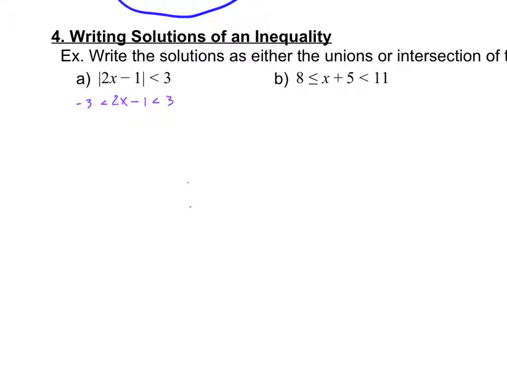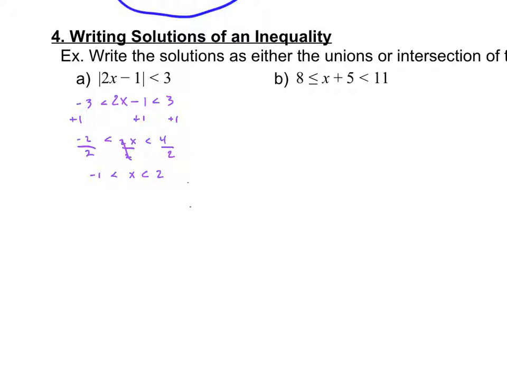And we can solve by adding 1 to all our sides. You're going to have -2 is less than 2x, which is less than 4. And you divide everything by 2 to further isolate the variable, and you're going to have -1 is less than x, which is less than 2.